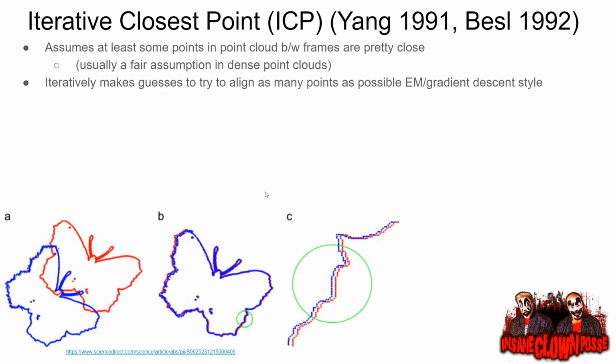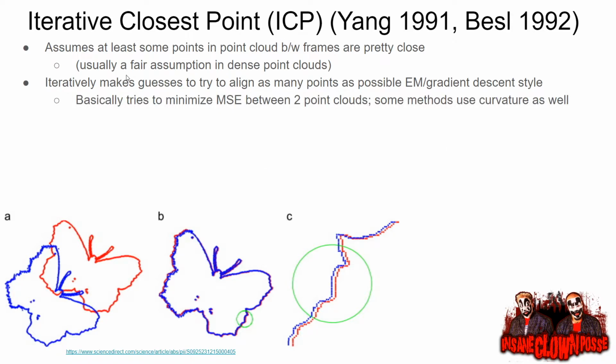It pushes the meshes in a couple of different directions, and it applies some rotations, and with each time step it applies a very small transform and then figures out, did that transform bring me closer to an alignment or farther, and it uses that to do the next time step. This is exactly how gradient descent works, except this is just with a bunch of random points. So it's basically trying to minimize the mean squared error between 2 point clouds.